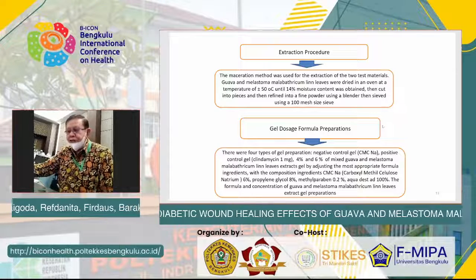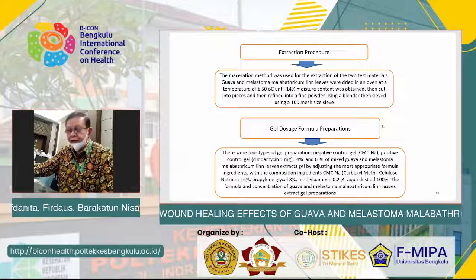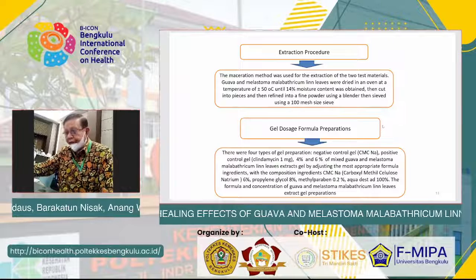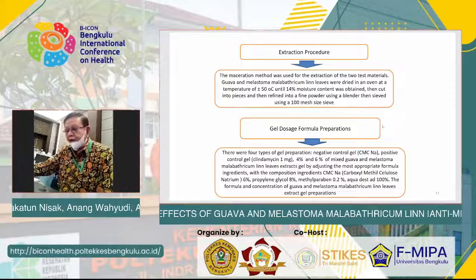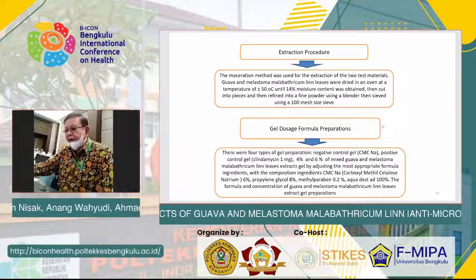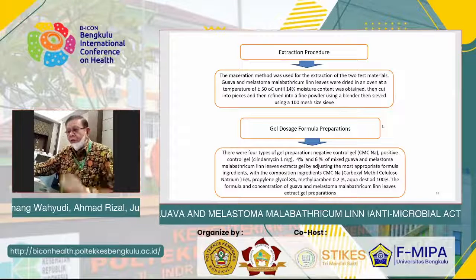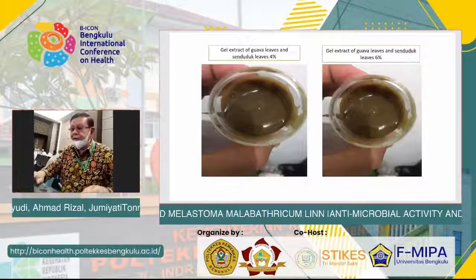The composition is CMC, carboxymethyl cellulose sodium, 6%, propylene glycol 8%, methyl paraben 0.2%, and aqua to 100%. This is the formula and concentration of the guava and Melastoma malabathricum leaf extract gel preparations.